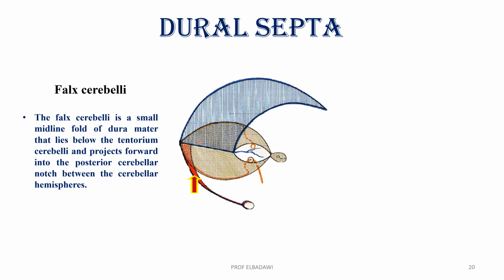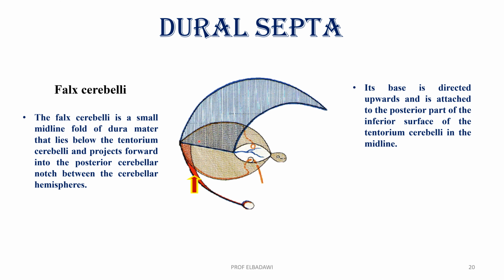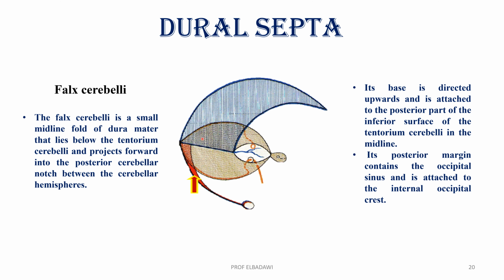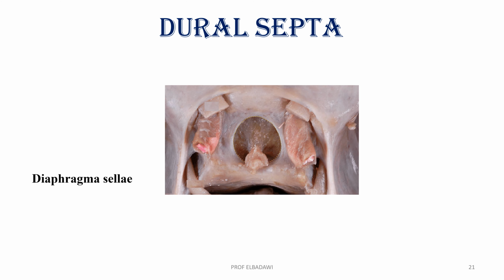That's the falx cerebelli. The base is directed upwards and attached to the posterior part of the inferior surface of the tentorium cerebelli, as you can see here. The posterior margin, which is the attached border, contains the occipital sinus and is attached to the internal occipital protuberance.